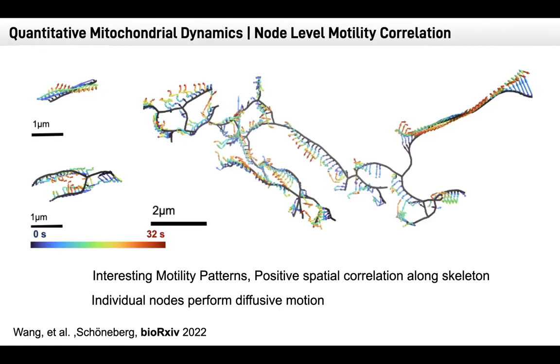Then you can really look at the interesting dynamics of these mitochondrial networks as they are being remodeled in the cell. One fragment might rotate in the cell. There's one that does a concentric motion. And then this is a large fragment of the mitochondrial network that is doing a convolution of many different modes of motion.